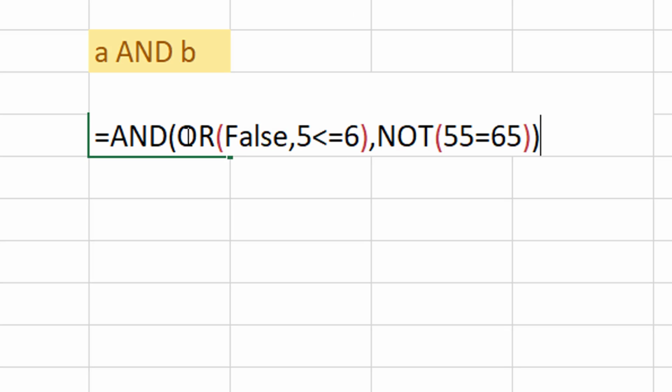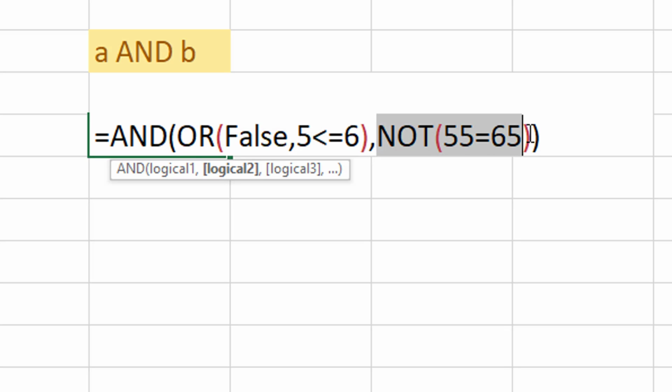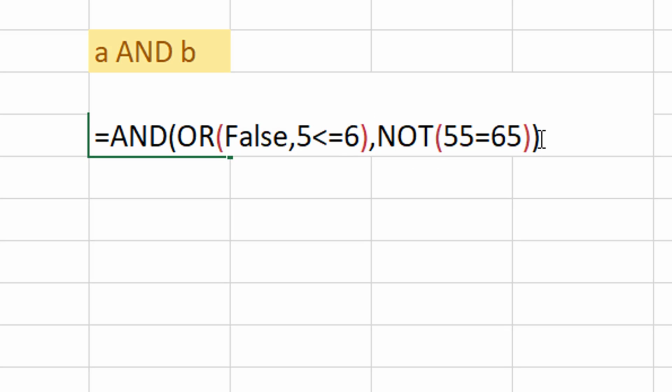So hopefully you can see inside AND, we have our first argument, which is an OR expression. Then we have NOT as our other argument. Let's figure out what this will be first of all. Let's look at our first argument to AND. We have false OR 5 is less than or equal to 6. 5 is less than or equal to 6 is true.